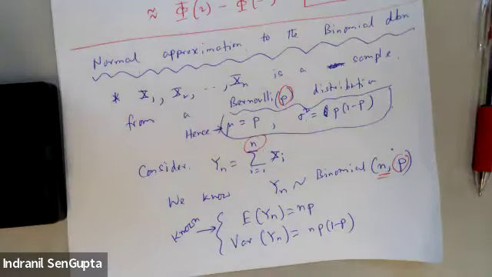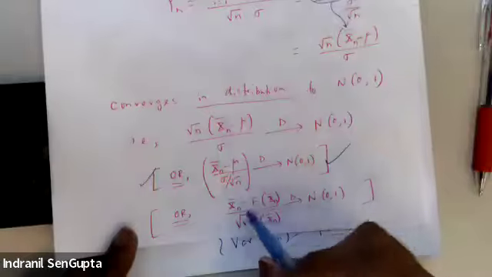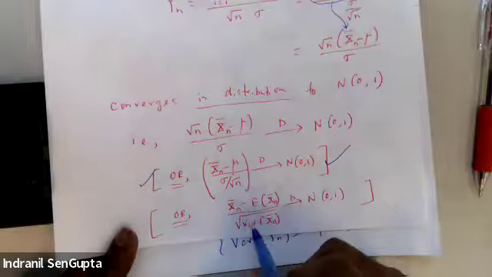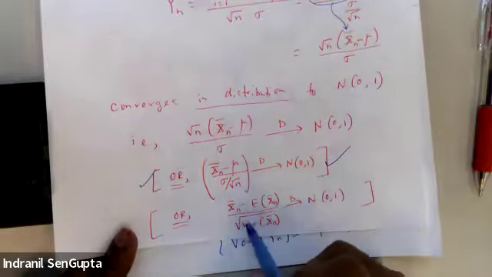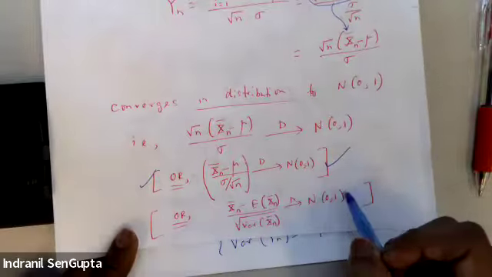Now let's check one of the versions of the central limit theorem that I wrote. There are various versions. It says that if I have a random variable, and I subtract the expected value and divide by the square root of the variance, it always goes to the normal distribution, right?